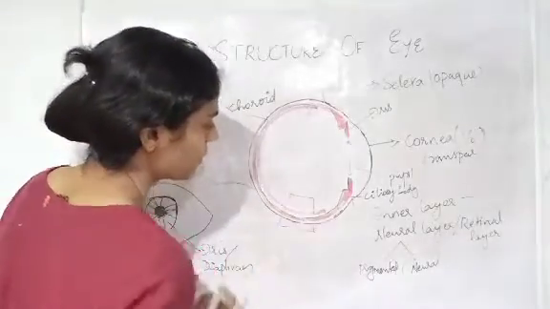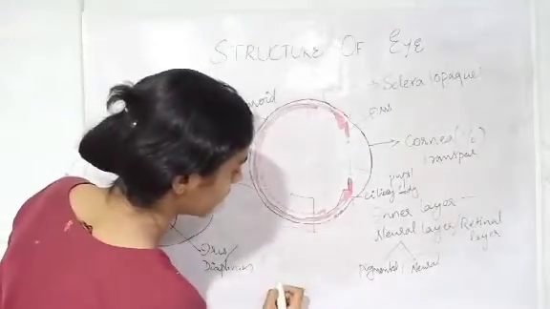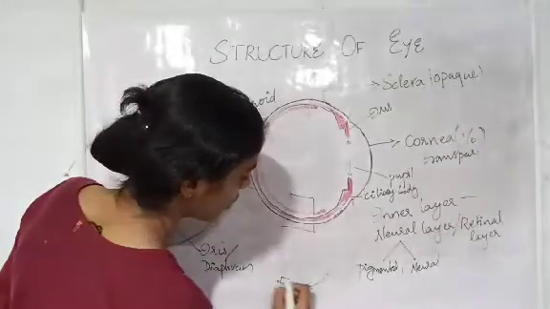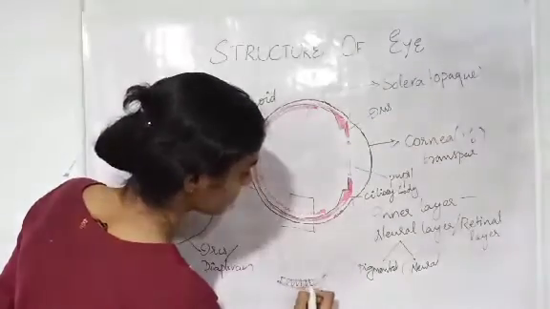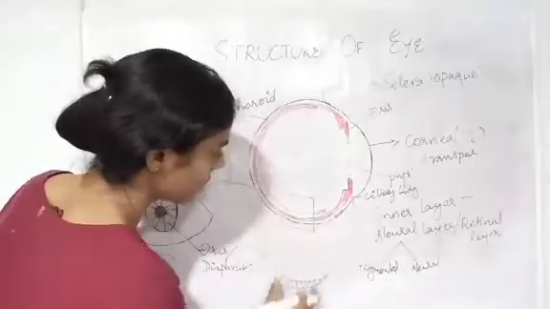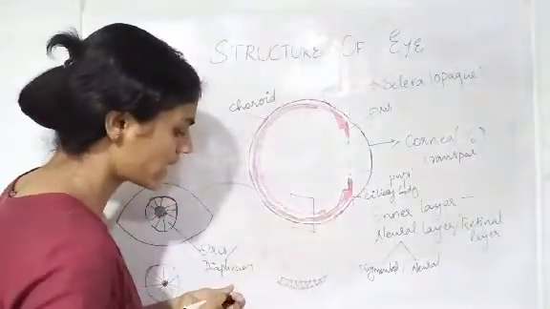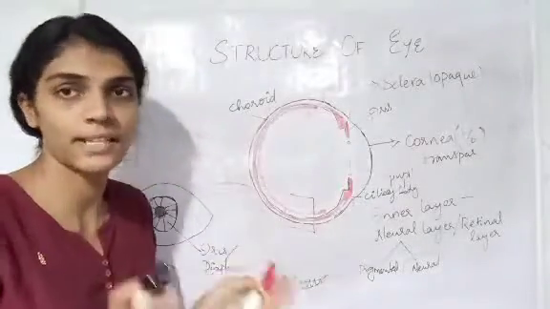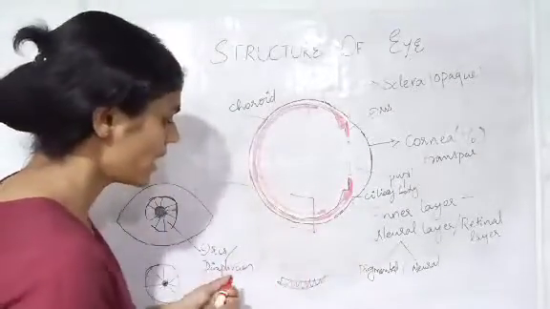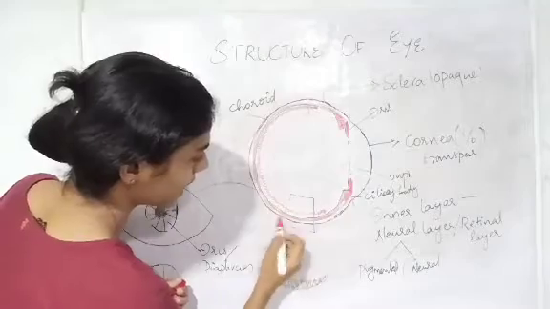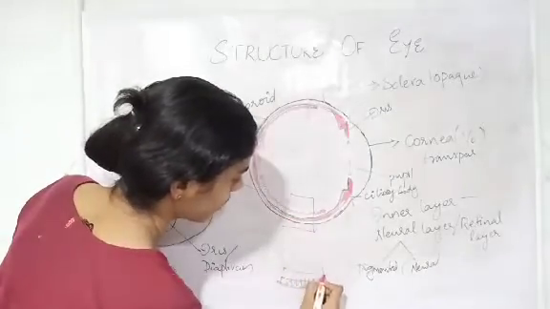Okay, so what you can see, I am just magnifying this portion. The outermost layer is the sclera, and next comes the red color, which is known as the choroid.